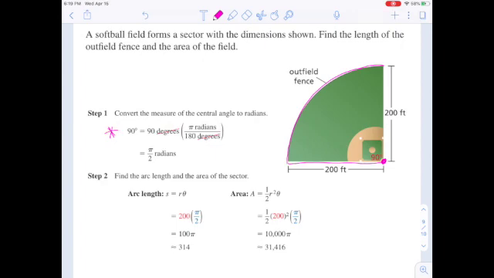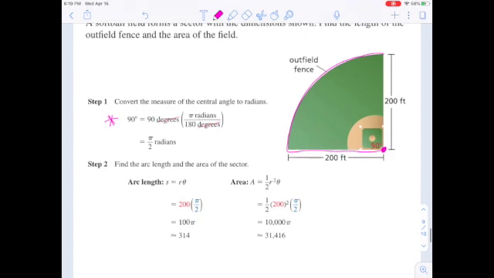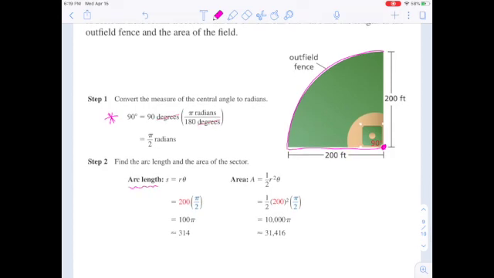So 90 degrees multiplied by pi radians over 180 is just pi over 2. And that makes sense because we think back to what we just talked about, and 90 degrees was definitely equivalent to pi over 2. So you will have that memorized here pretty soon.